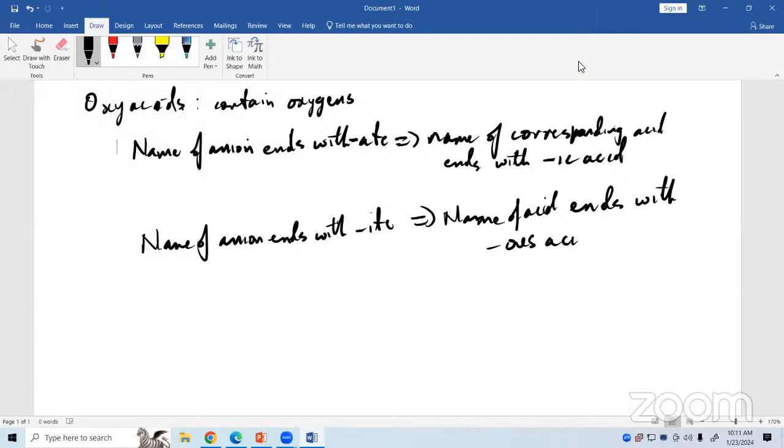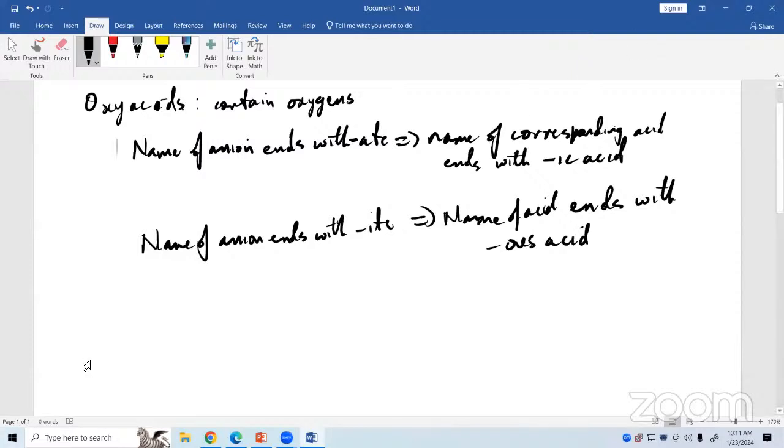All right, and I'm going to go through some examples, but I want to just give you an outline of the rules for naming oxyacids. If the name of the anion ends with ATE, then the name of the corresponding acid ends with ic acid. If the name of the anion ends with ITE, then the name of the corresponding acid ends with OUS acid. All right.